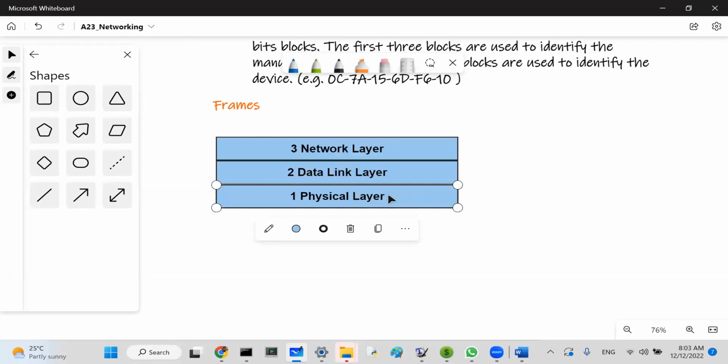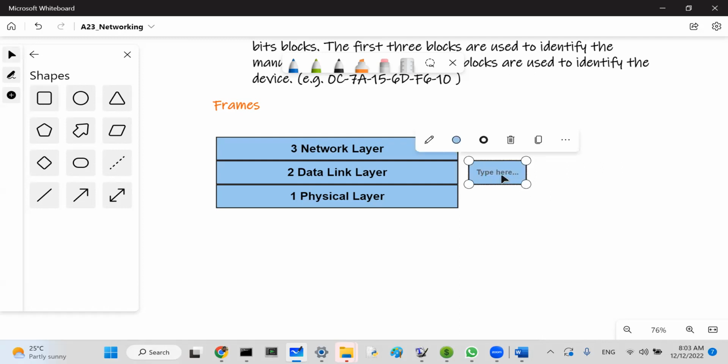Now, when you look at the data link layer, the data has three parts, so I will draw it separately. First, you have some header information, so it's called the header. And then you have the actual data.